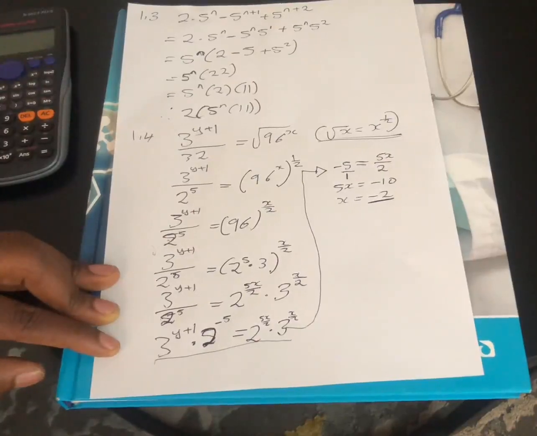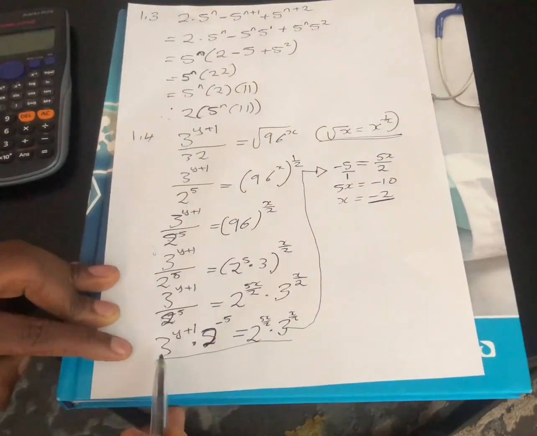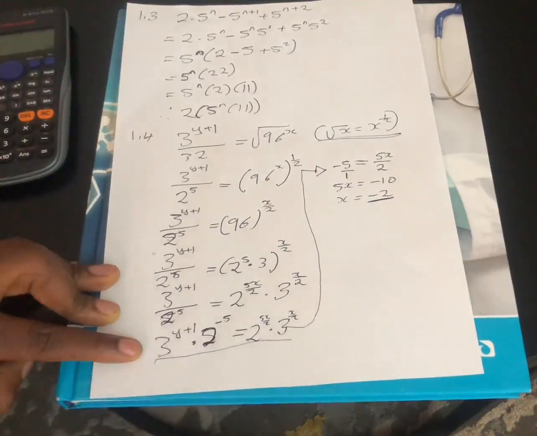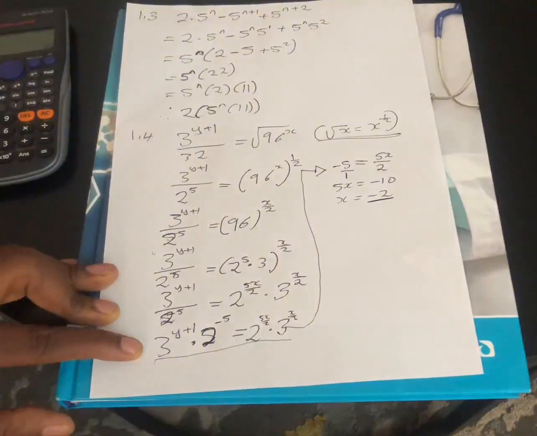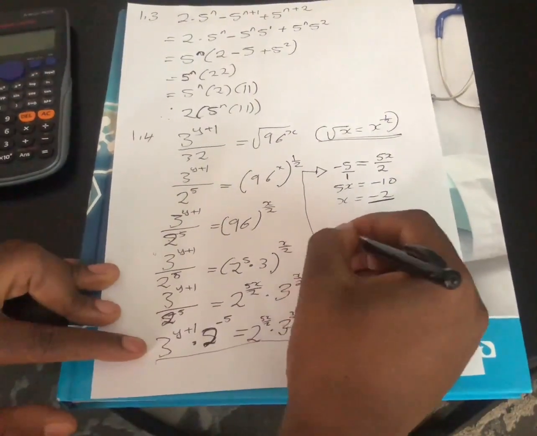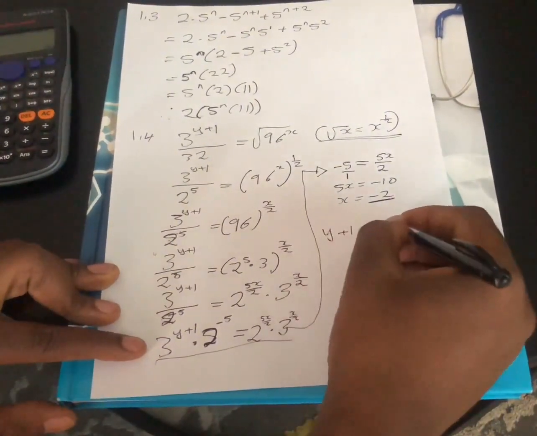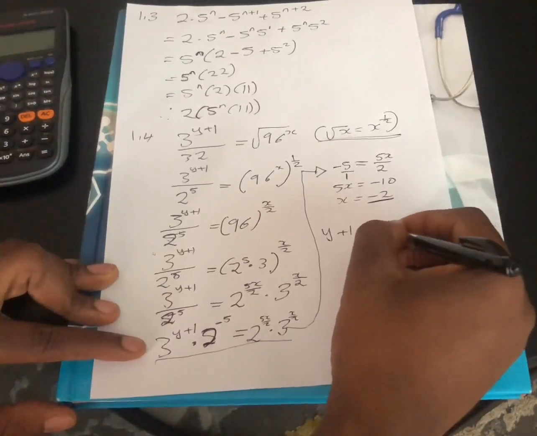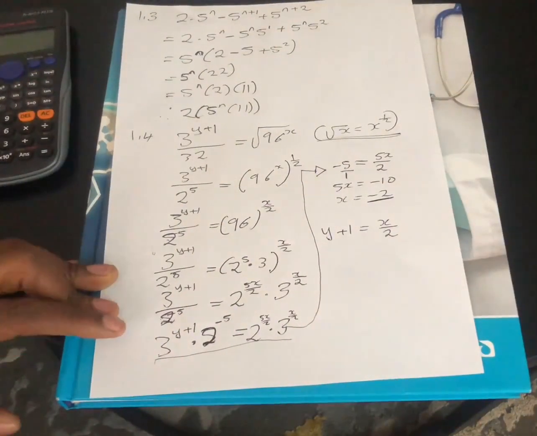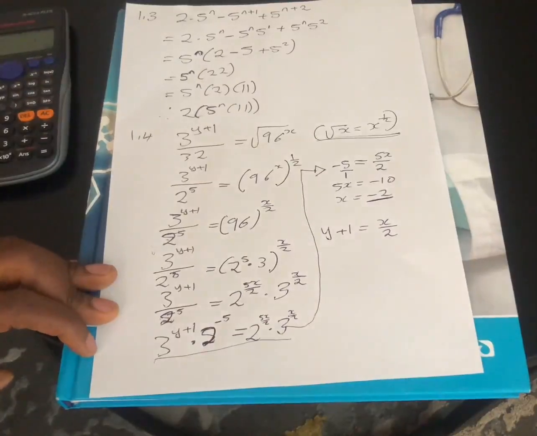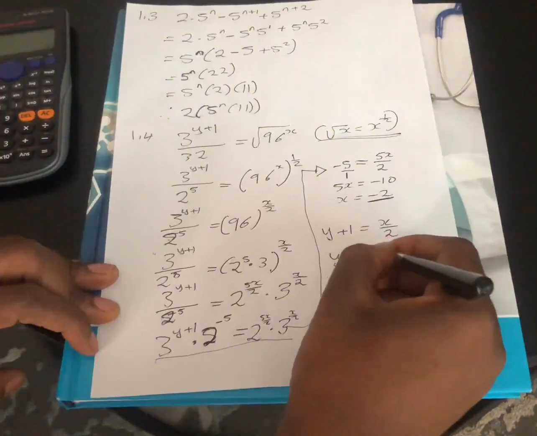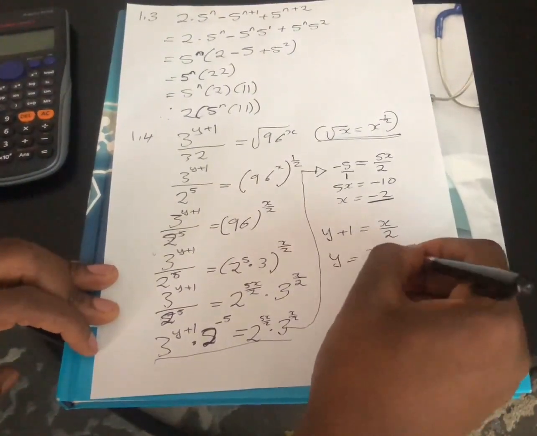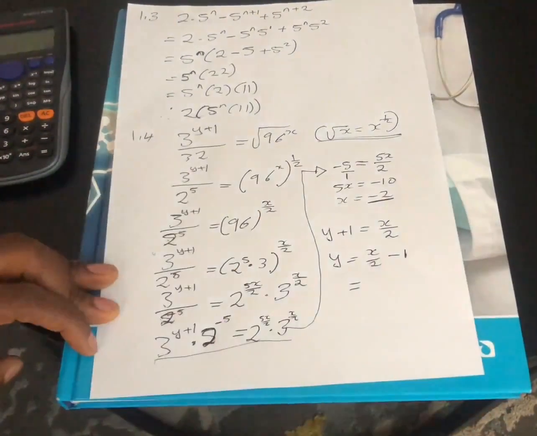Let's solve for y. If you look at y, it's found in base 3. So we're also going to equate the exponents of base 3, which will give us y plus 1 is equal to x over 2. Let's begin to solve for y. We just transpose 1 to the other side, which will give us y is equal to x over 2 minus 1. Don't forget, we have solved for x. What is the value of x? It is negative 2.